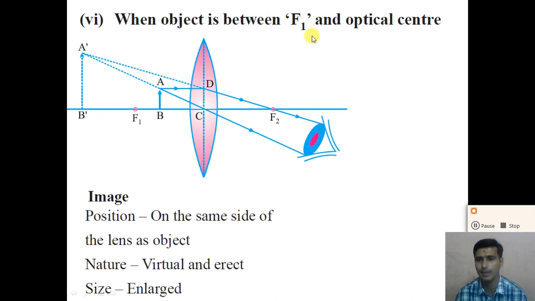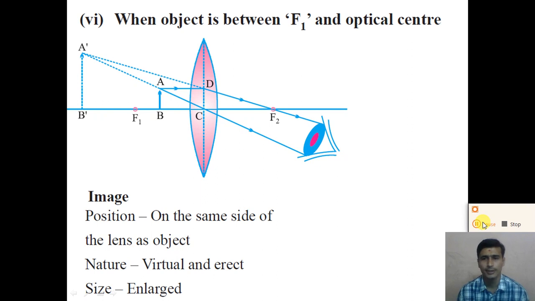So this principle is used in an optical microscope to see an image of a very small object. When the object is placed between the principal focus and the optical center, we get a virtual and erect, and very large image of an object, so that we can see the smaller object in a very magnified form.